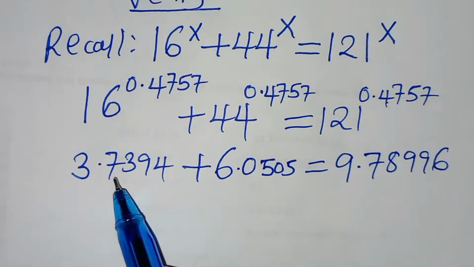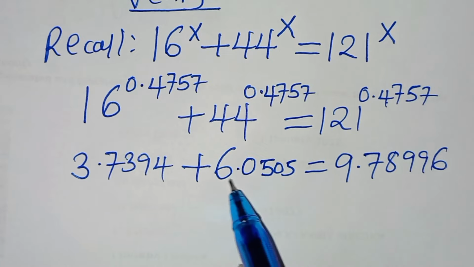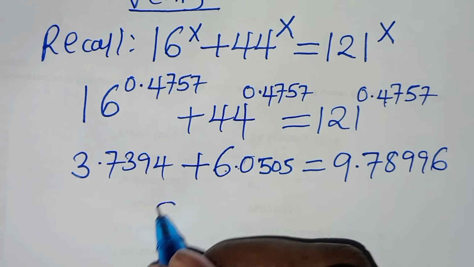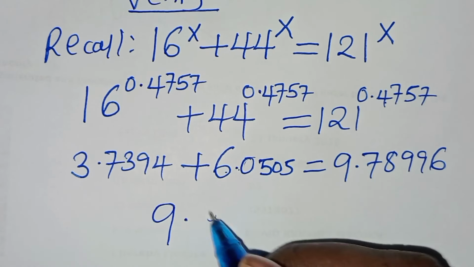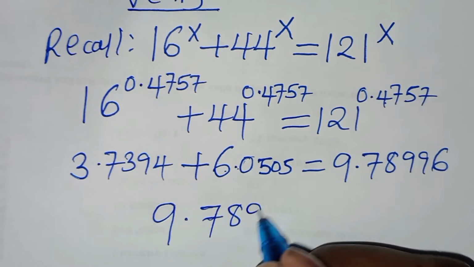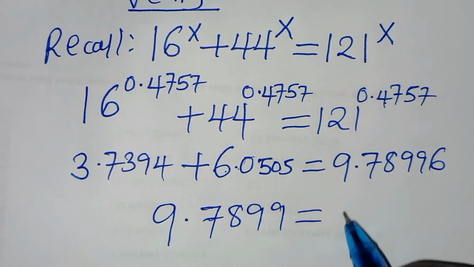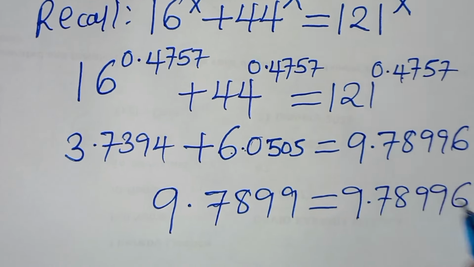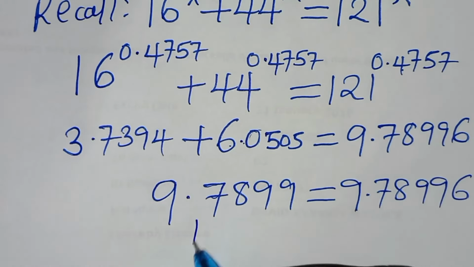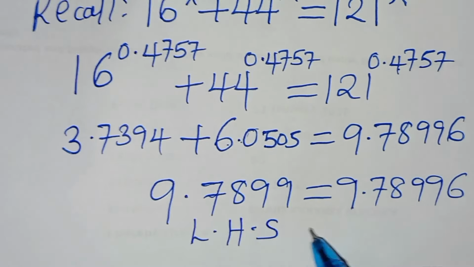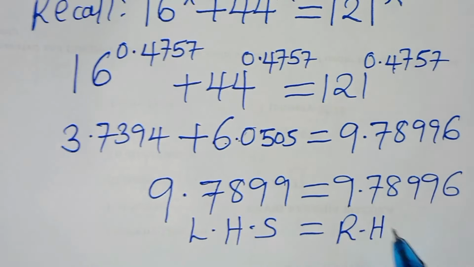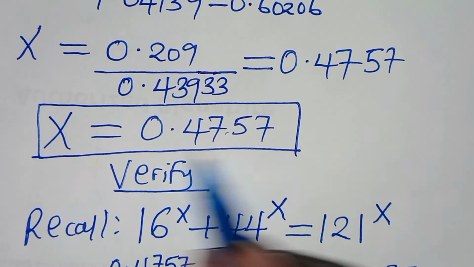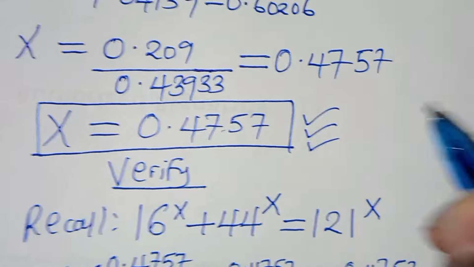So we have 3.7394 plus 6.0505. This is equal to 9.7899, and this is equal to 9.78996. So this implies that the left hand side is equal to the right hand side, and therefore the value of x here satisfies the equation.